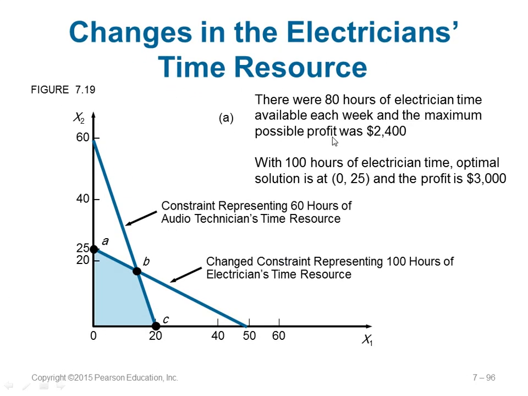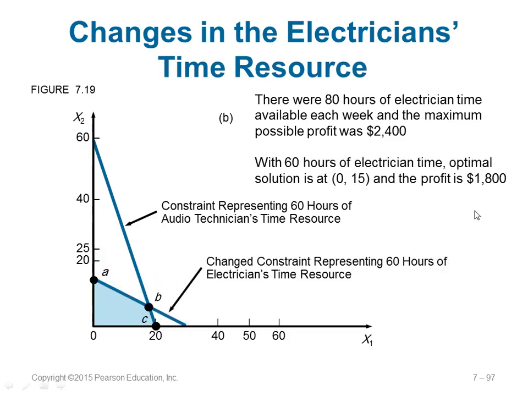So here is an example from the same old example. The constraint representing 60 hours of the electrician, if you change the constraint to 100 hours, then the value changes. With 100 hours, the profit changes. It is a different value. But if you use a constraint of the electrician to be 60, it is different.